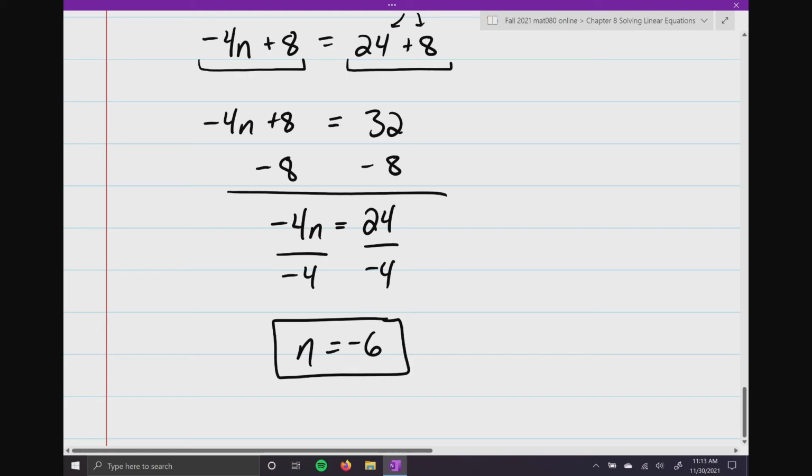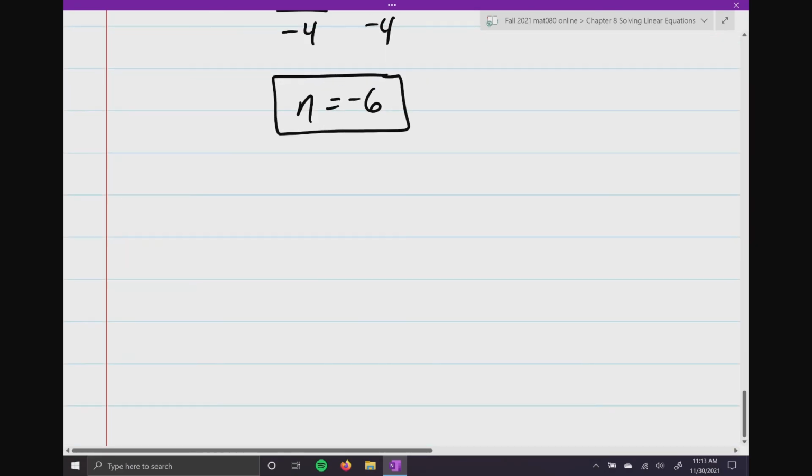All right. And I'm going to do one more problem here for us. So we want to solve 100 minus 16 equals 4p minus 10p minus p. Okay?